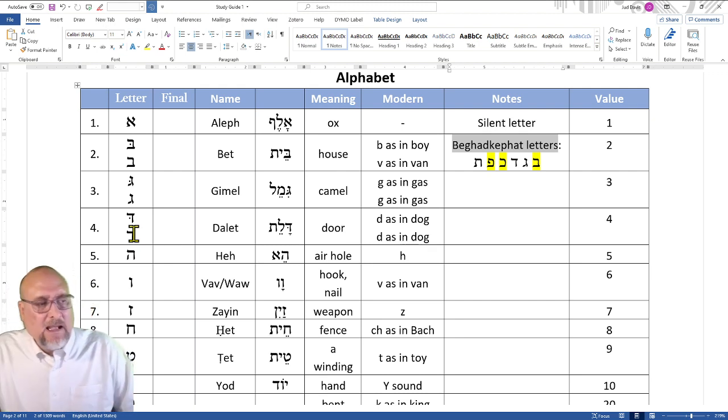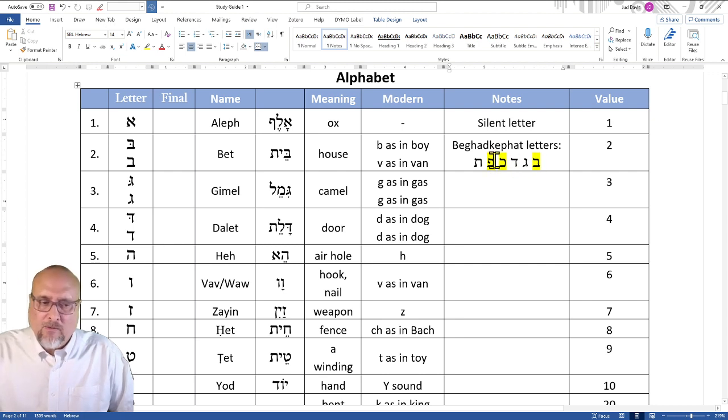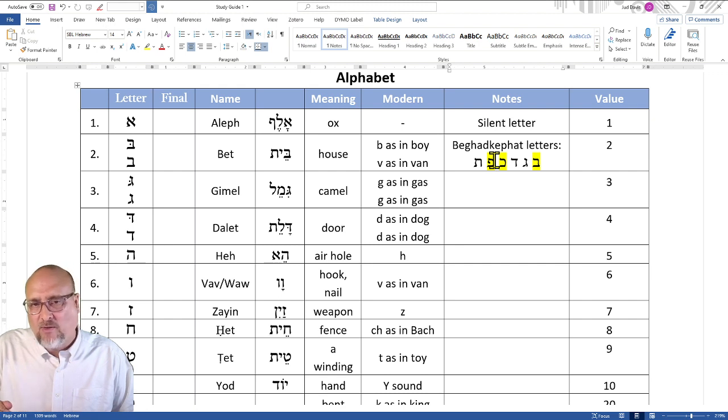The problem is in modern times, modern Hebrew speakers only recognize 3 of these letters as having an H sound. So the Beit, the Kaf, and the Pei, native speakers will differentiate. The others, they don't differentiate between ones with the dot and ones without the dot. Since we're following the modern pronunciation, and that's what the MP3s use, we're kind of forced to accept that as well.